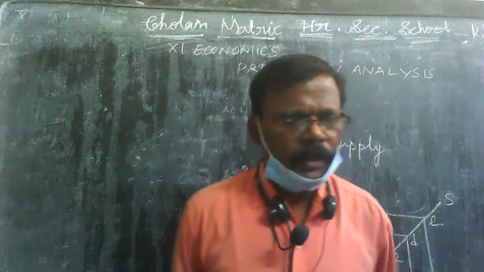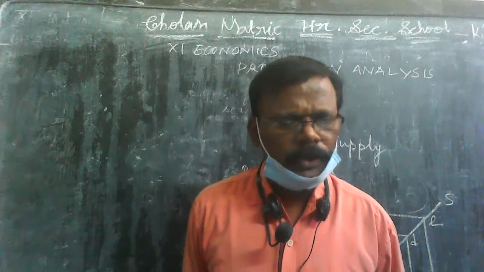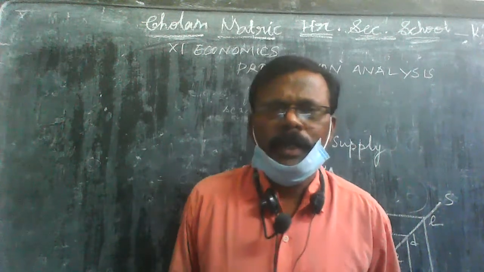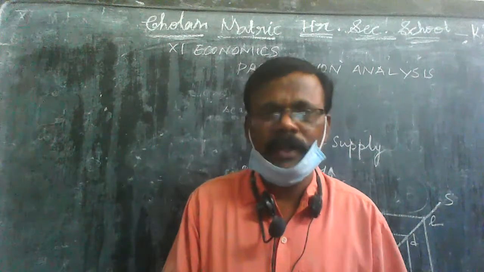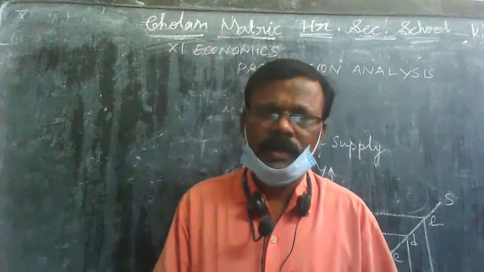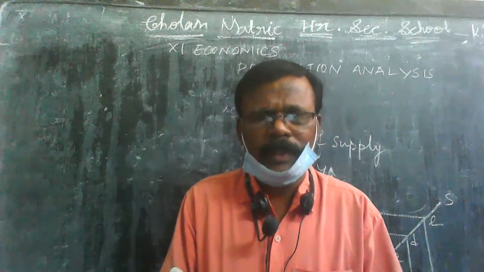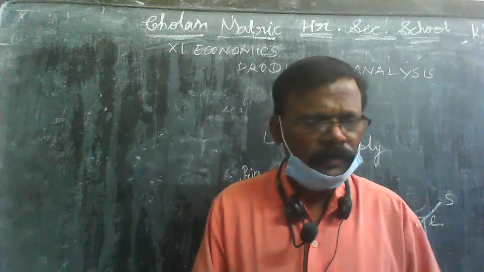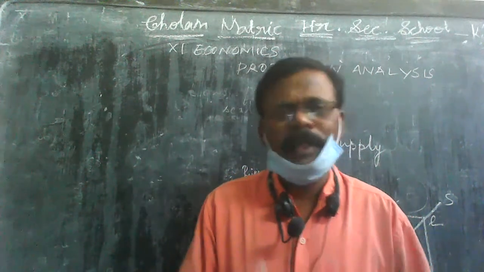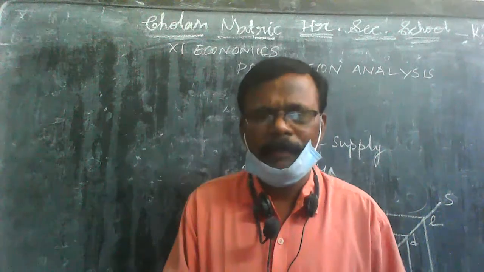And next is price expectations. The producers sometimes expect that the price would be increased in future, after 1 year, after 2 years, or whatever it may be. So this expectation of price also determines the supply.